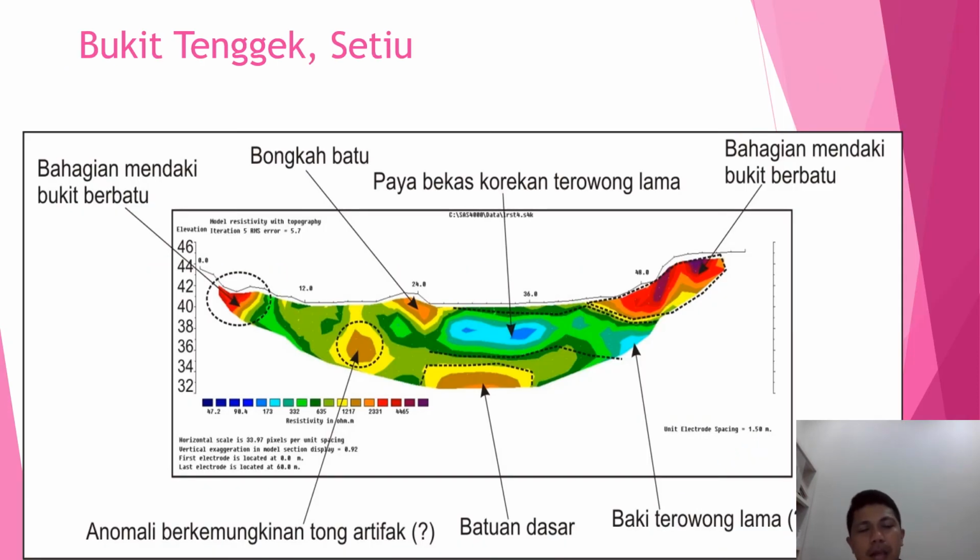Sorry, it's again in Malay. So we interpreted last time where the boulders are, where the tunnel with high water content is, and where the fresh rock is, where we believe the tunnel was developed under this fresh area.